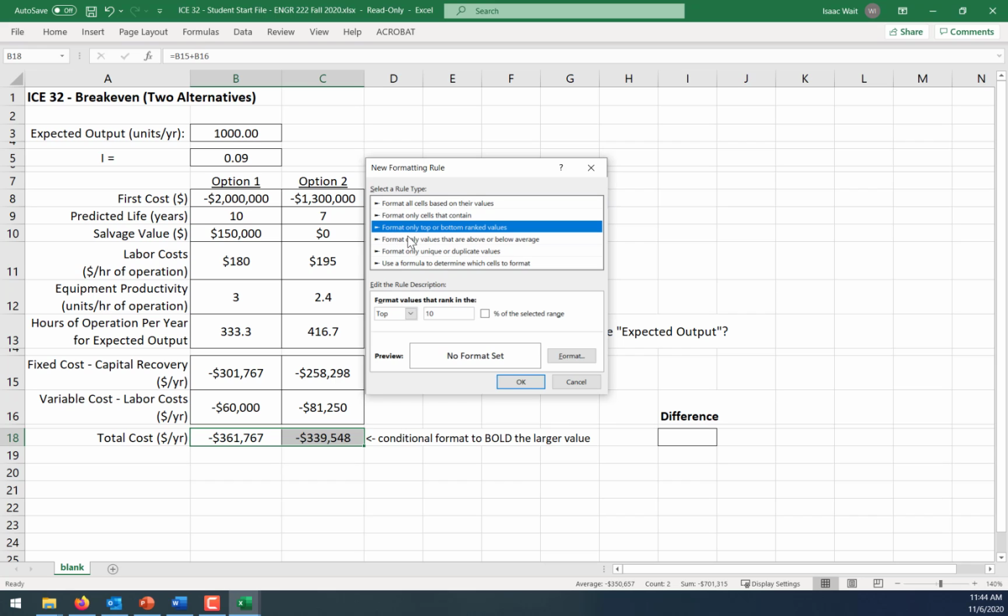And so I want the higher of the two. So the bigger number is going to be less costly because these are minus, and so minus 361 is a smaller number. It's more negative, meaning bigger cost. And so I want to highlight the one that's good, that I should get. So highlight the top one.